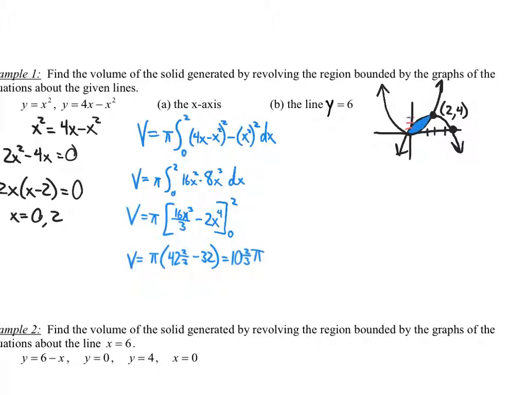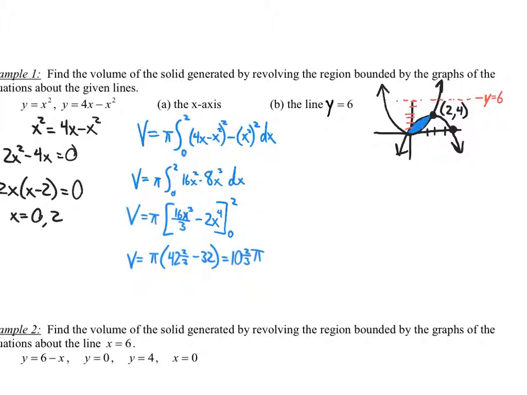So 1, 2, 3, 4, 5, 6. So here's this line, y equals 6. Okay? Now, what does our formula revolve this thing around? The x-axis. So it doesn't matter.